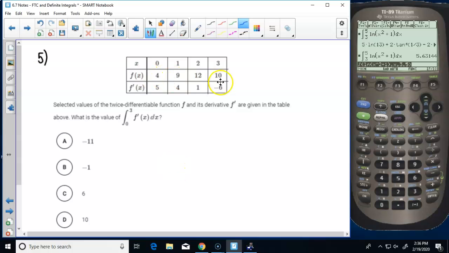Some of these problems might look a little bit like a Riemann sum sort of problem, but in this particular case, we don't want to do Riemann sums because we can find the exact answer. So if I'm integrating from 0 to 3 f prime of x dx, when I integrate f prime, I get f, right? And so I would have f of 3 minus f of 0.